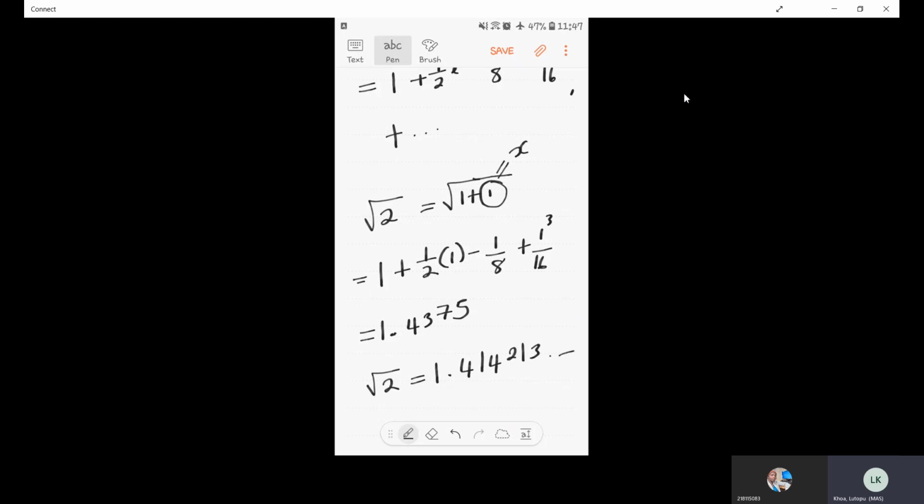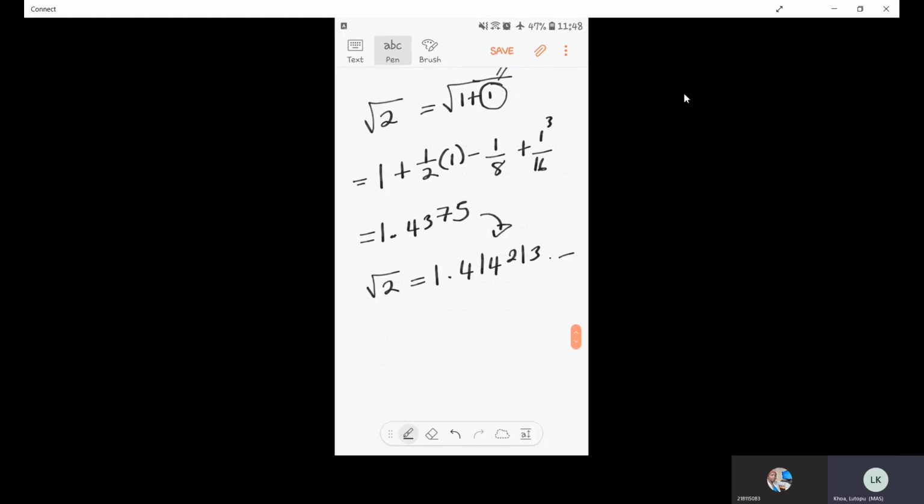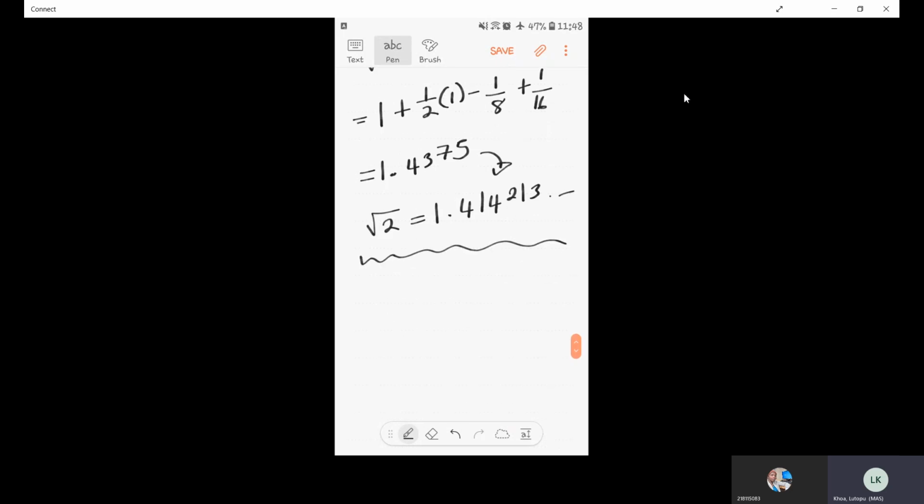So you can see this is a pretty close approximation, and I only have 4 terms. The more terms I have, you will notice that this gets closer and closer to the actual value of square root of 2. So that's one of the reasons why we rewrite functions as Maclaurin series, because with Maclaurin series, even without a calculator, I can work out what square root of 2 is with a pretty good approximation.